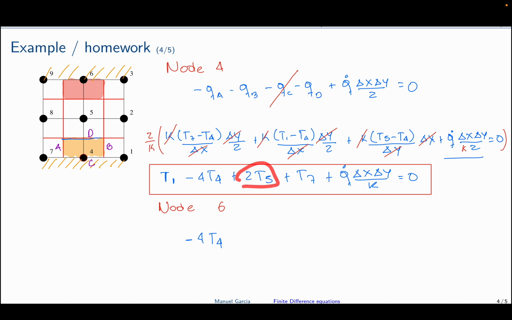So that should be the same thing, 2T5. And then we have east and west, that we're considering just once. So in this case, east and west is T3 and T9. I can put them anywhere, T3 and T9. And the heat generation is the same because it's the same volume. So Q dot delta X delta Y divided by K equal to 0. And that's it. So we already have the equation for 6.